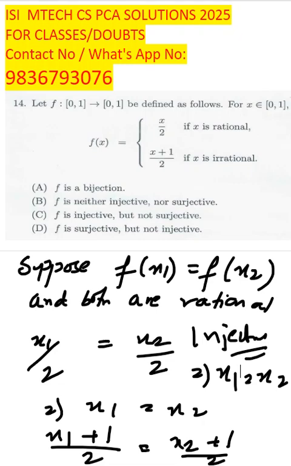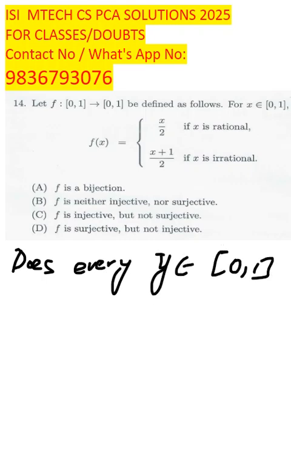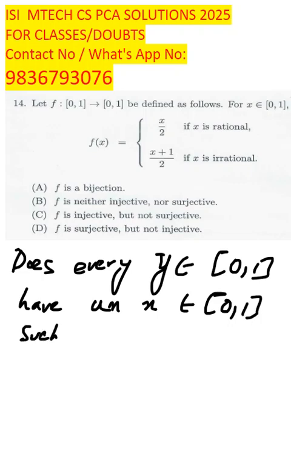So let's check it. For surjectivity, does every y in (0, 1) have an x in (0, 1) such that f(x) is equal to y?